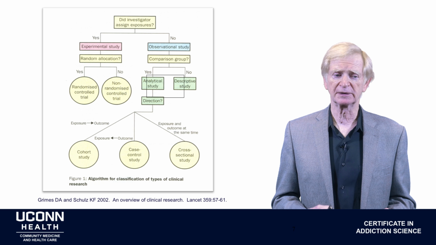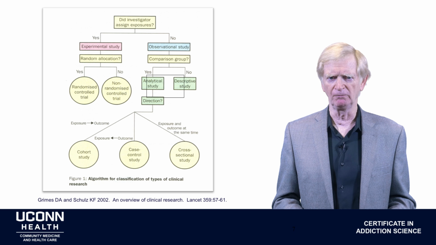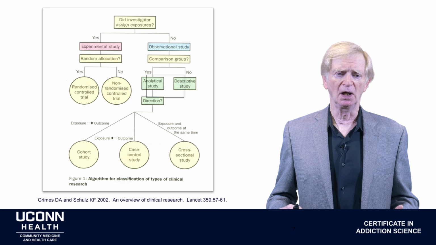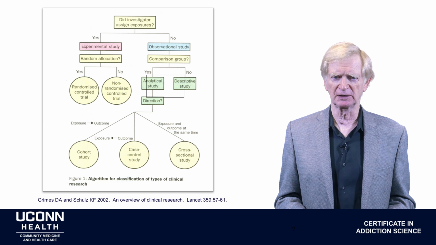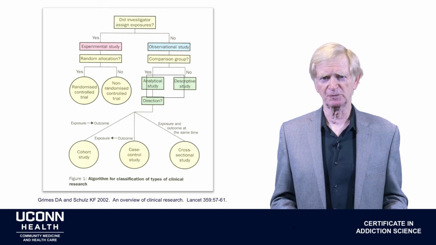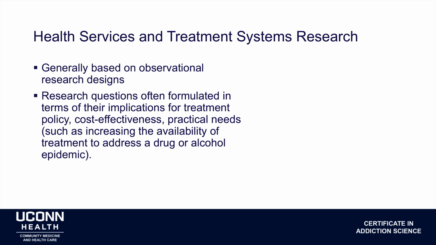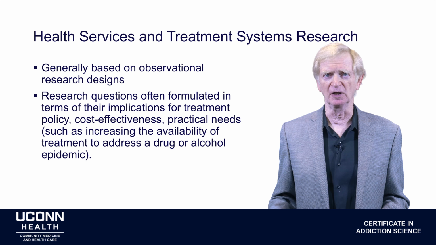Or you look at the data that is collected from a large cohort of people and you correlate variables that allow you to say something about which people are responding to a treatment and which people aren't. Health services research generally is based on observational research designs.